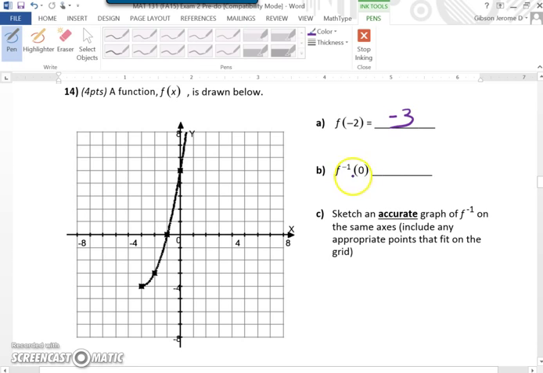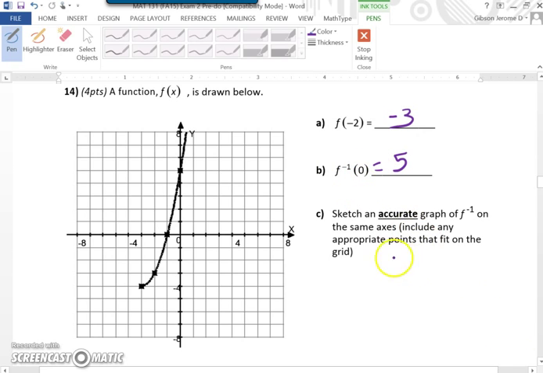If this wasn't an inverse, this would be an x value, right? But since it's the inverse, that means this is the y value. So we go where y is 0, and then we find out what x is. X would be 1, 2, 3, 4, 5. So your answer here would be 5. Because remember, usually what goes inside this parenthesis is x, but since it's the inverse, it would actually be y.